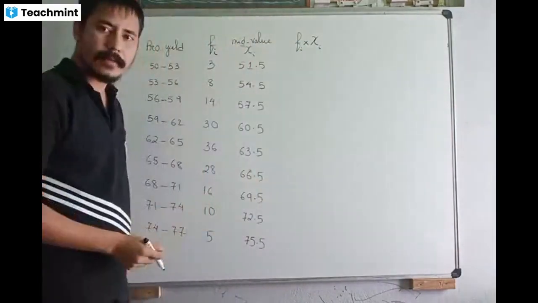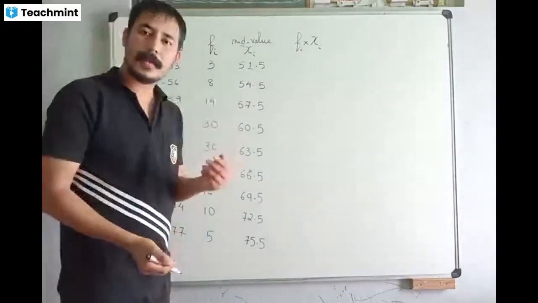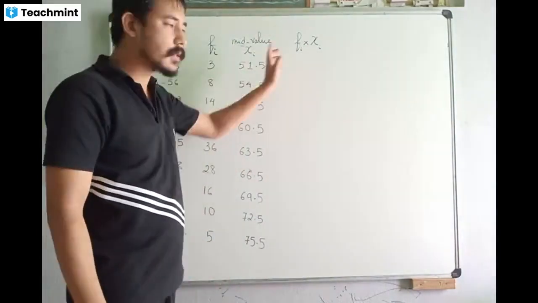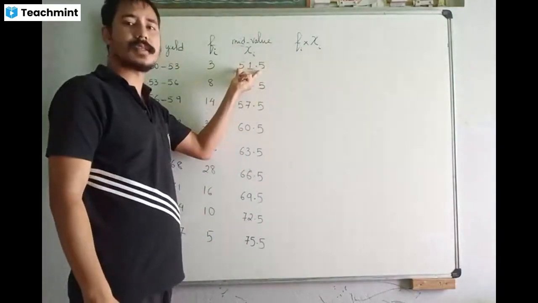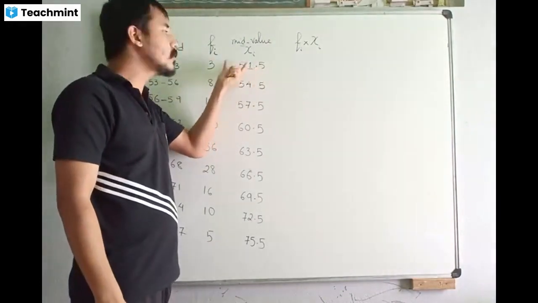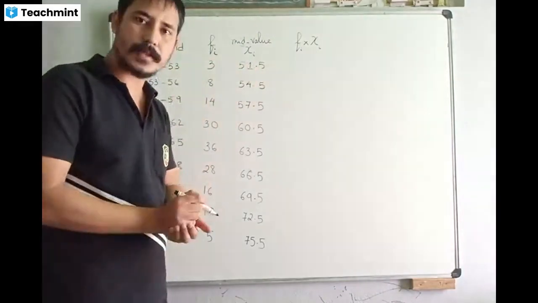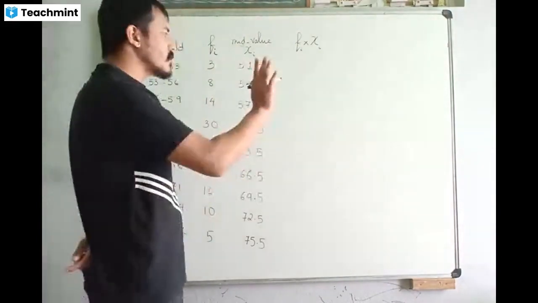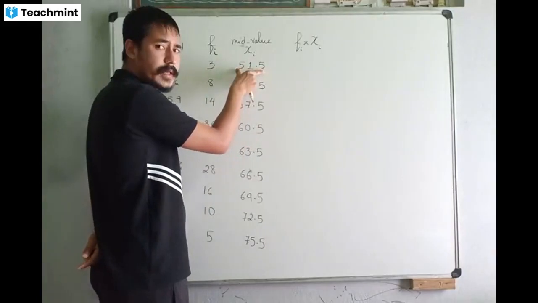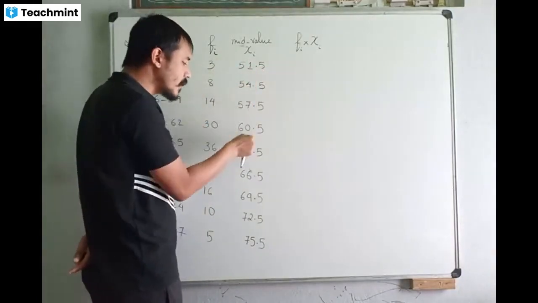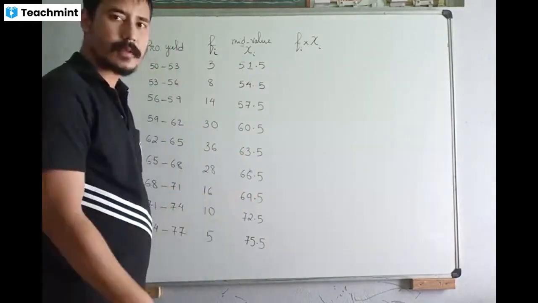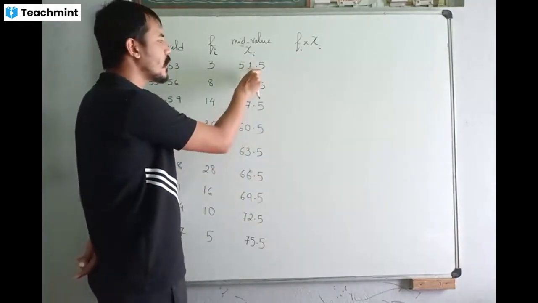The next step is to find the product of the center value of each group with its corresponding frequency. Multiply each center value by its corresponding frequency. So 51.5 times 3.